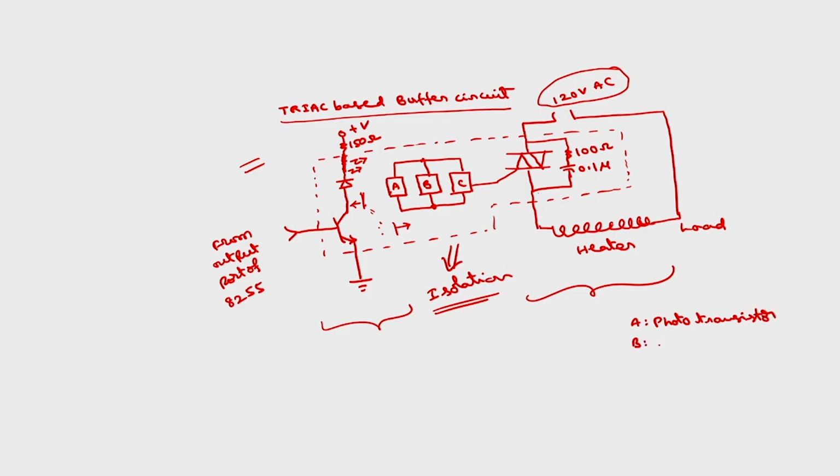B is a zero crossing detector. And C is actually the triggering circuit.